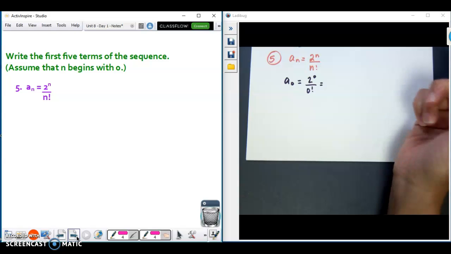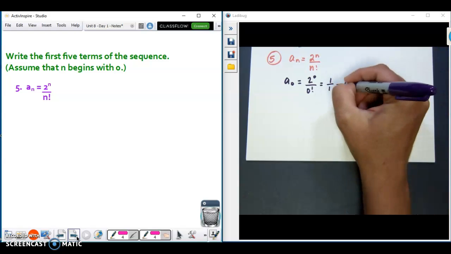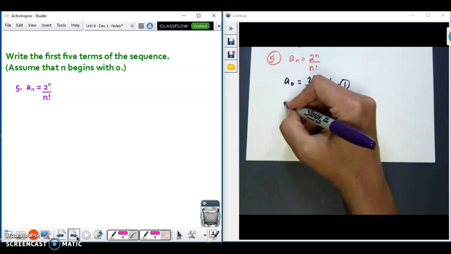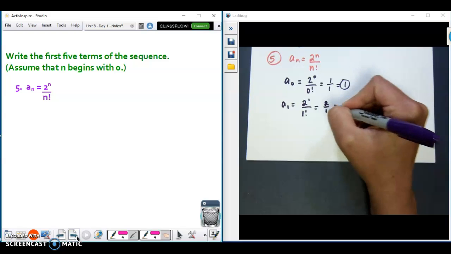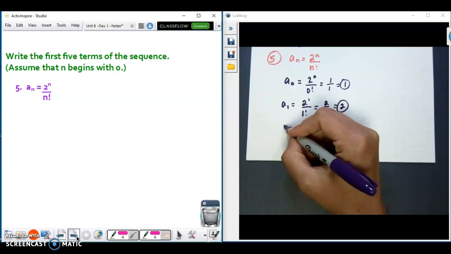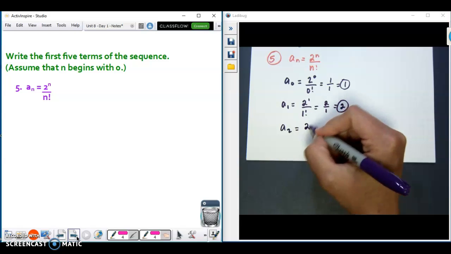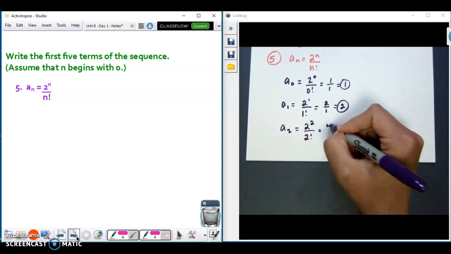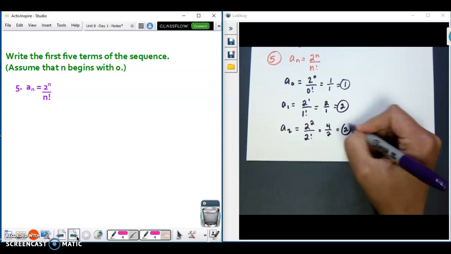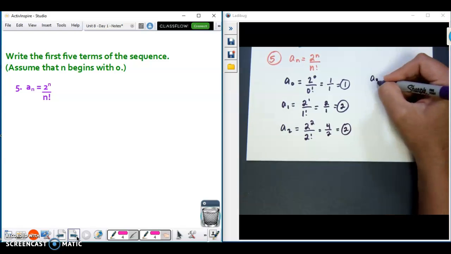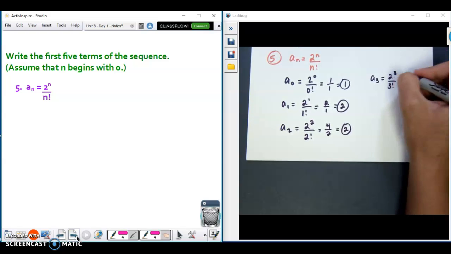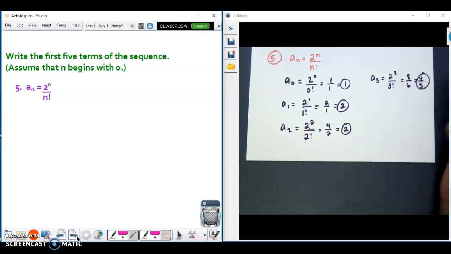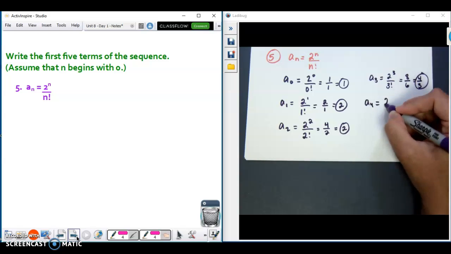Well, anything to the 0 power is 1, and remember I told you 0 factorial is 1, so the first term is going to be 1. Then we'll plug in 1, which will give us 2, and then we can plug in 2, which will also give us 2, and we can plug in 3, which will give us 4/3, and they want us to get the first 5 terms, so we can plug in 4.